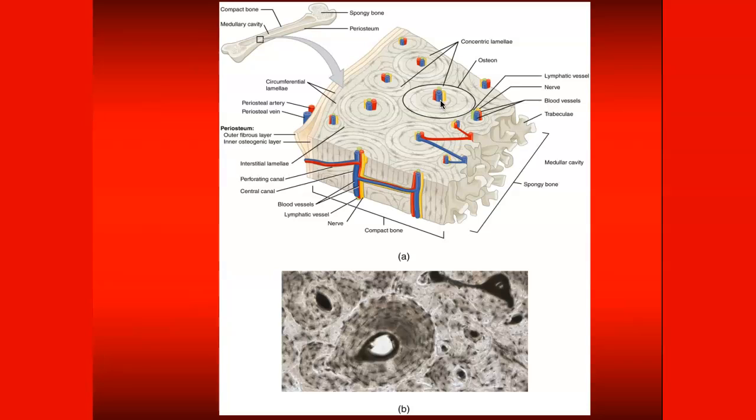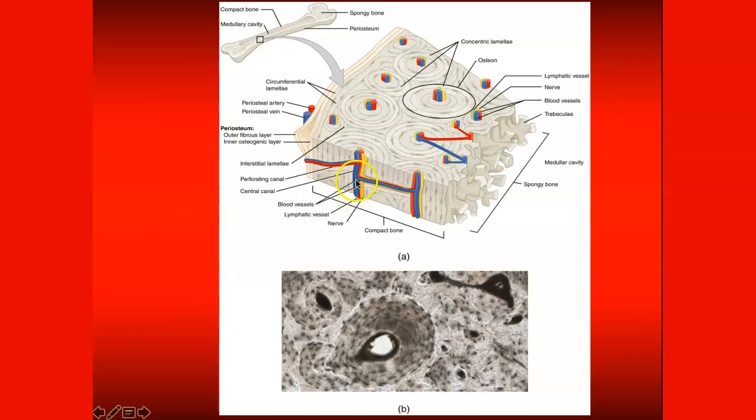And you can notice that as these vessels and nerves come up the center of our Haversian or central canal, they branch off and go in directions that are perpendicular to our Haversian canal. And these vessels that branch off and go at these right angles are known as perforating or Volkmann's canals.